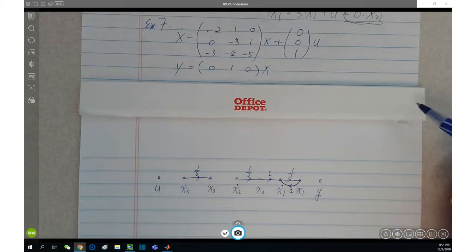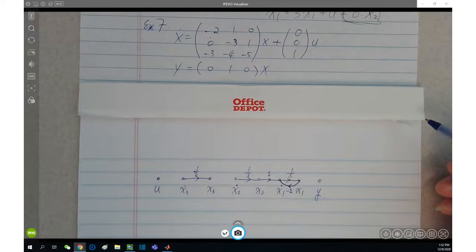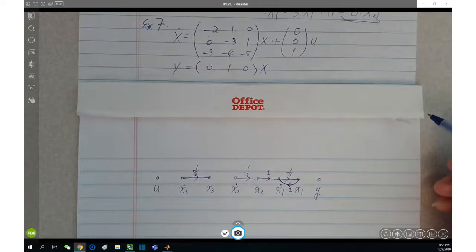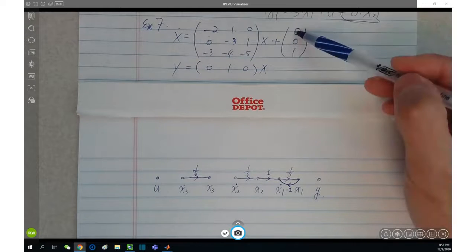Any contribution from x3? No, right? And any contribution from input? No contribution from x3 and input.